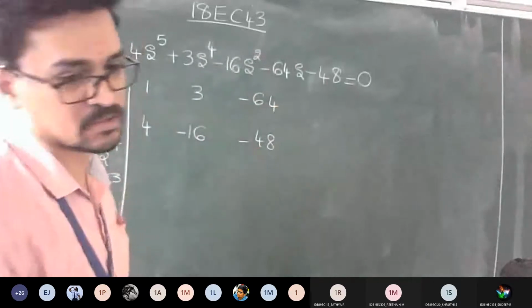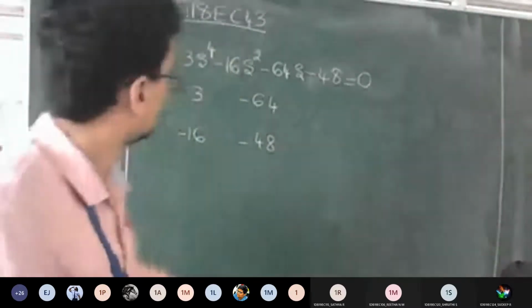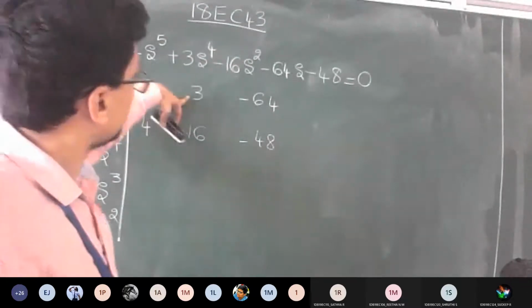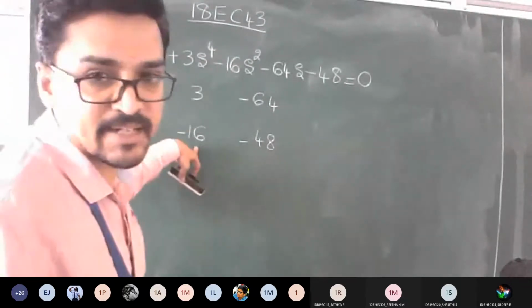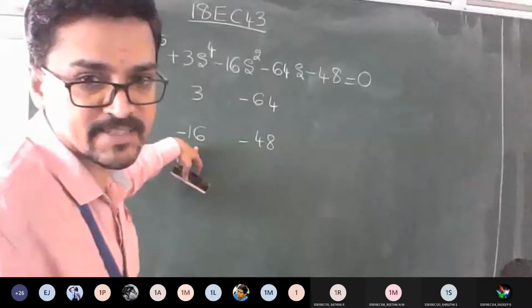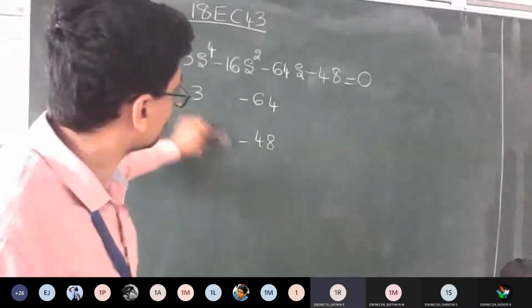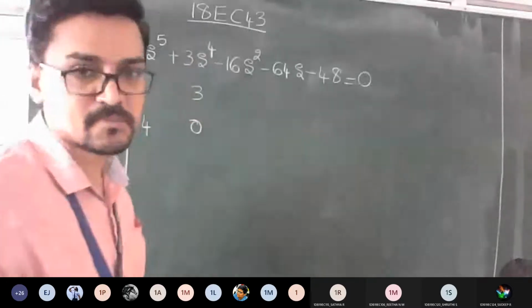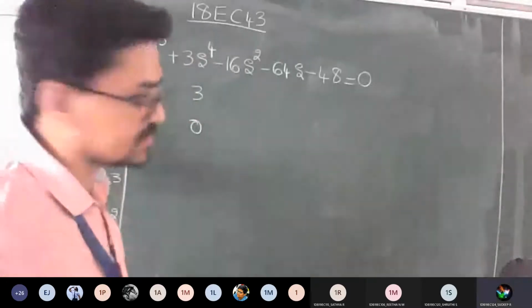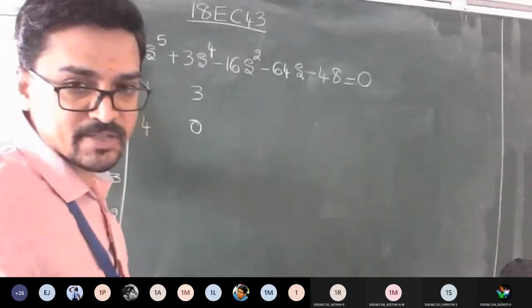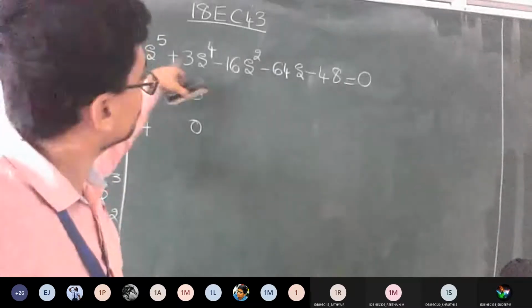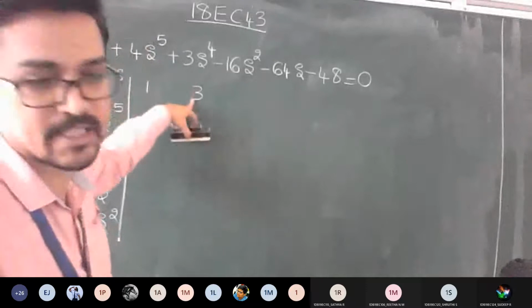Anything missed out? Look here: a0, a1, a2 are there, a3 is missing, right? So s cube is missing. You're not supposed to write directly; you're supposed to write the missing terms as 0. If you observe the equation, this is one change from the previous problem. s power 6, power 5, power 4 are there, so write 1, 4, 3.